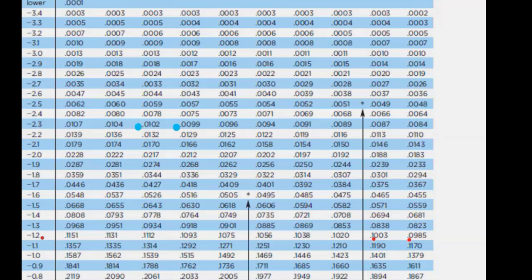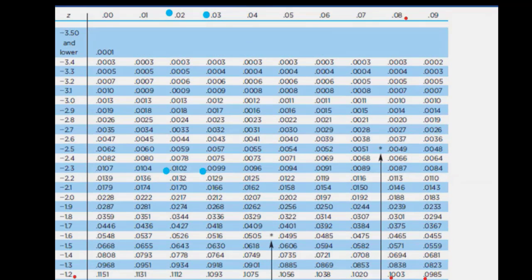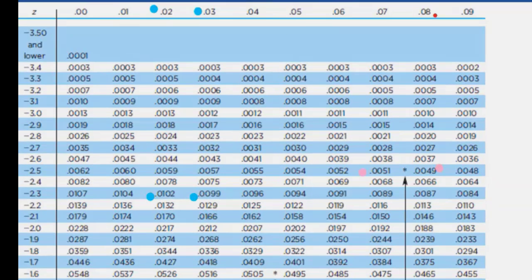We want 0.005, so we have this number. Okay, I'm going to put next to 0.0051, and then this number 0.0049. Okay, now that means negative 2.5 and then 2.57, between 7 and 8. Now take a look.